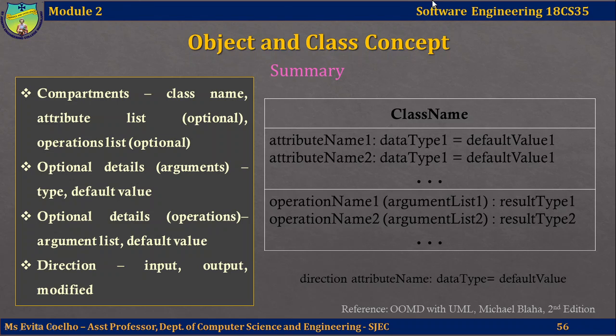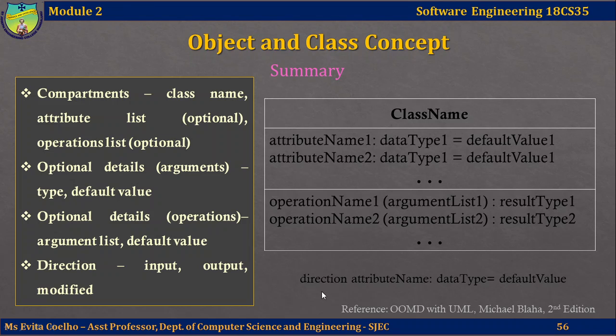Also, if you take a look at one specific detail here, I've just taken this one attribute and placed it here to show you that every argument may have a direction, a name, a type, and a default value. So these things are already covered here.